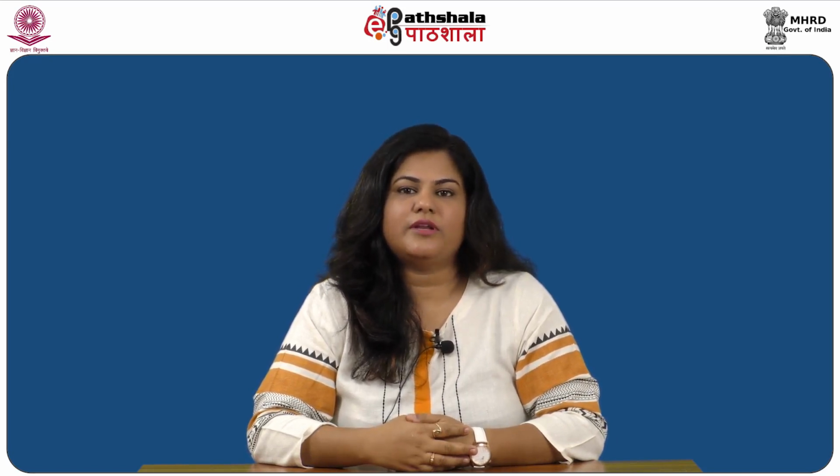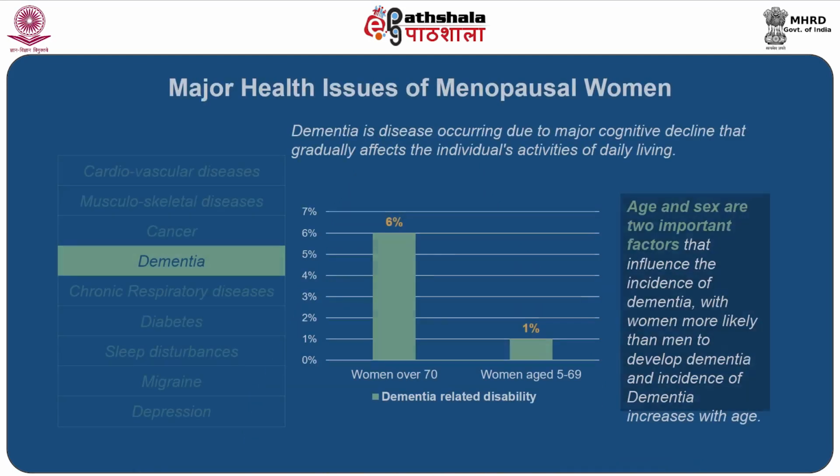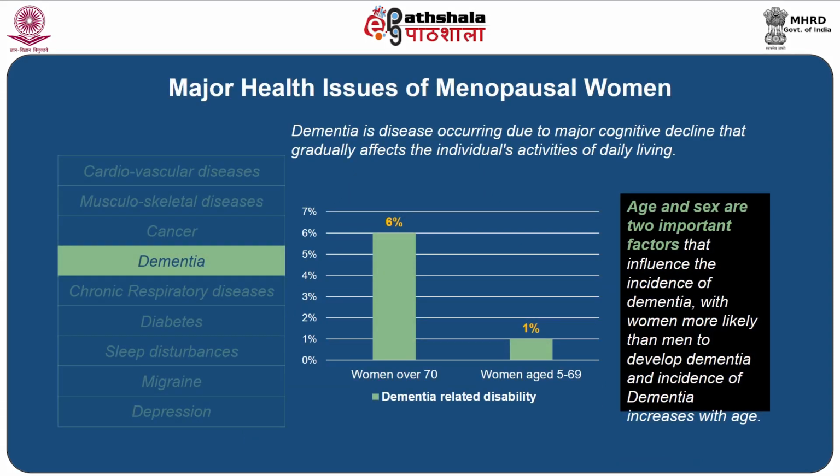Older women, especially the postmenopausal women, also experience diseases related to cognitive decline. Another important health concern experienced by the menopausal women is the cognitive decline. Dementia is the disease occurring due to the major cognitive decline that gradually affects the individual's activities of daily living.